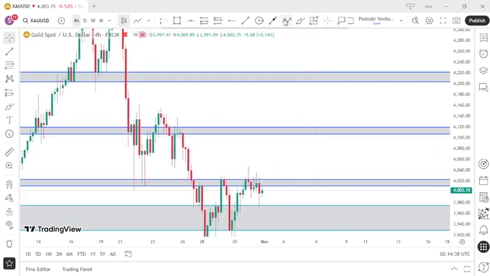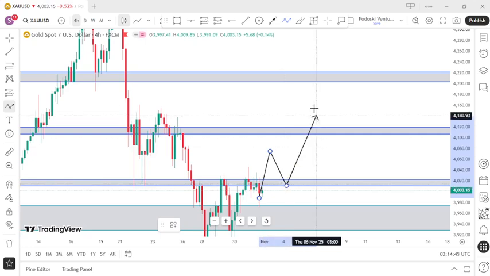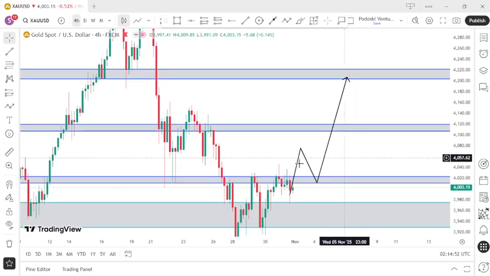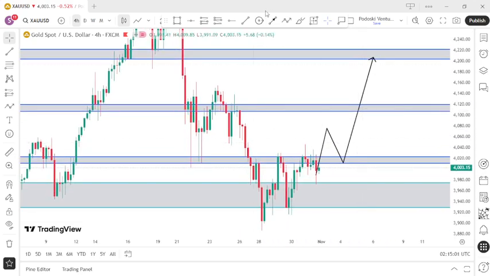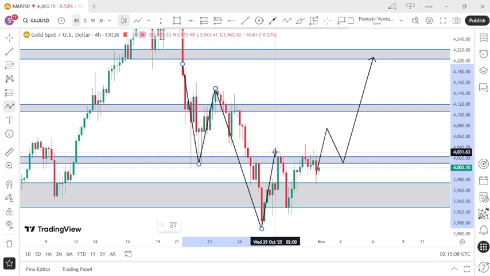So you have to wait for price to break out of that zone, and when it comes back for a retest, then we buy all the way to the upside. Another reason why we have to wait for a retest is because when the retest happens, it confirms that gold will move to the upside, because gold is currently in a downtrend: lower low, lower high, lower low, lower high, equal low, equal high.